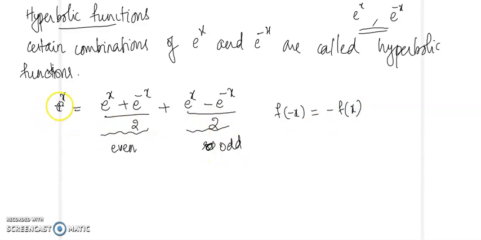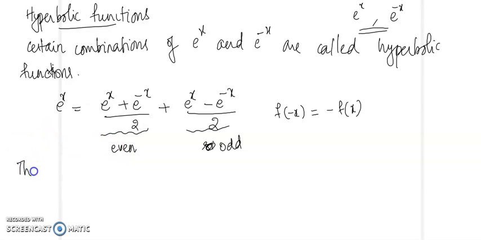So e raised to x can be expressed as a sum of an even function and an odd function. The associated odd function is called the hyperbolic sine of x, and the associated even function is called the hyperbolic cosine of x.